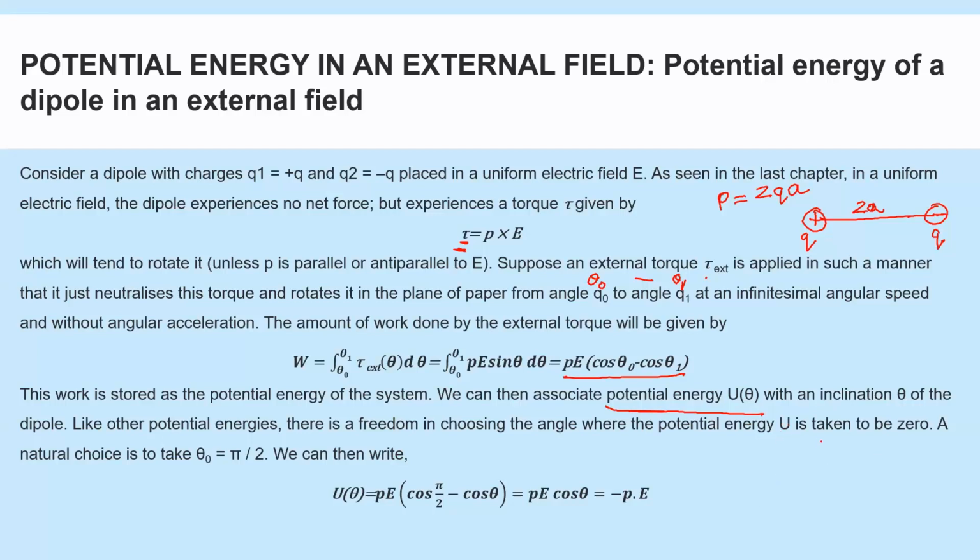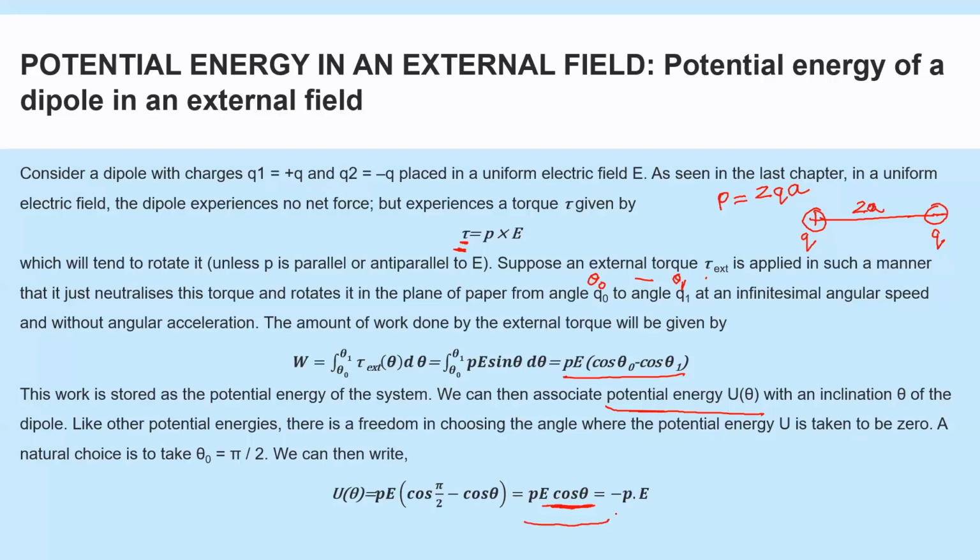If you take theta 0 as pi by 2, the cos of pi by 2 is going to be 0. So then we can write it as a function depending just on theta, the angle with which the torque is trying to rotate the dipole. Then it can be given as minus PE cos theta.